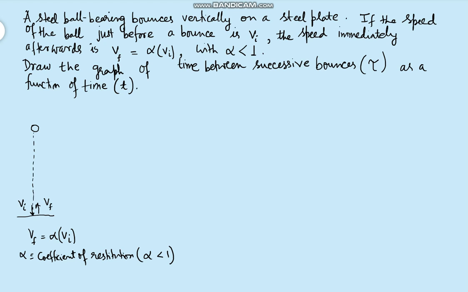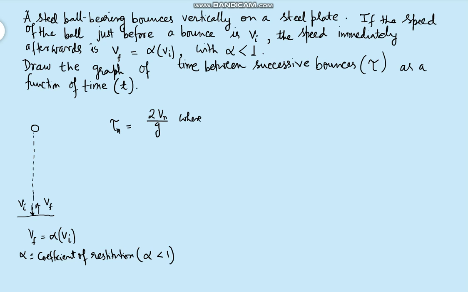So what we have to find out is the time between successive bounces. Moving up and then coming down, that is the gap. Moving up and coming down is 2u by g, that is 2v divided by g, in the nth time, is it not?